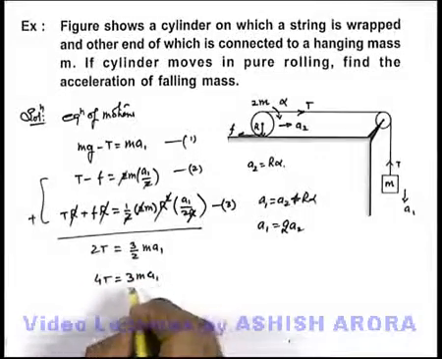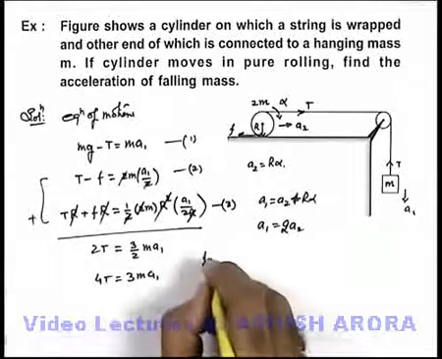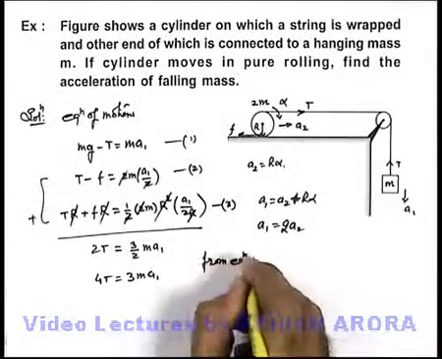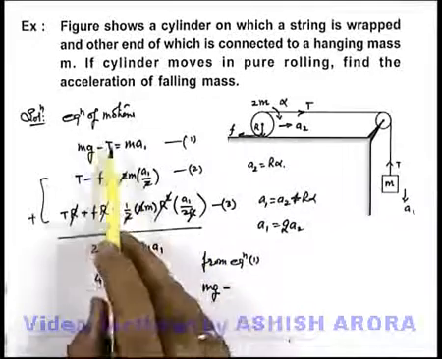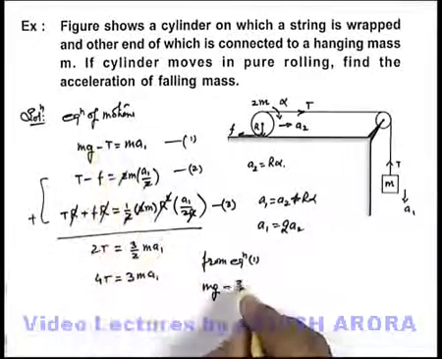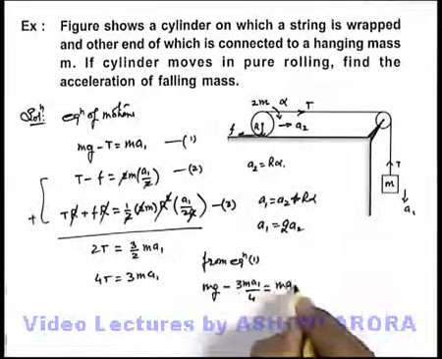From here, if we substitute the value of tension in equation 1, see what we'll be getting. From equation 1, it is mg minus, instead of tension we can substitute 3 m a1 by 4, is equal to m a1.